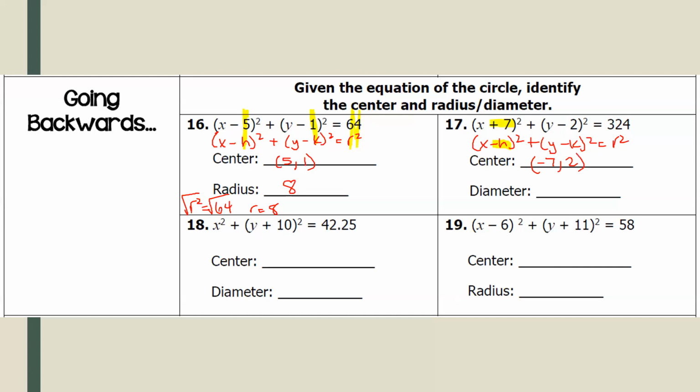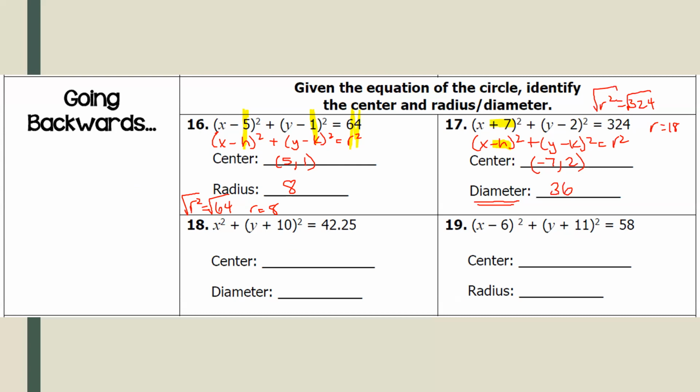The radius squared, r squared is 324. So to find just the radius, square root both sides, and the square root of 324 is 18. Be careful. It tricked me the first time I looked at this. It's asking for the diameter. So if the radius is 18, what's your diameter? Well, it's twice that. The diameter is 36.